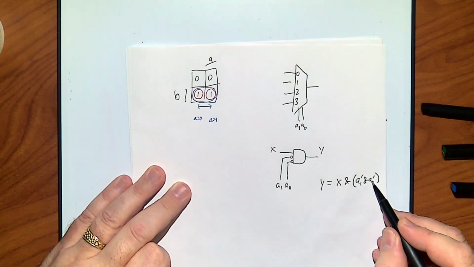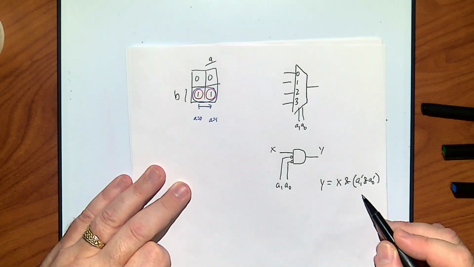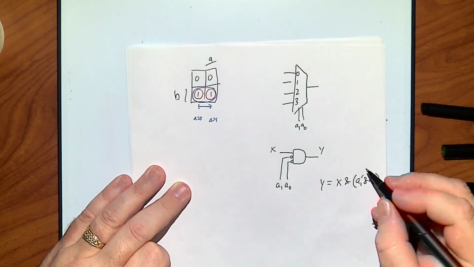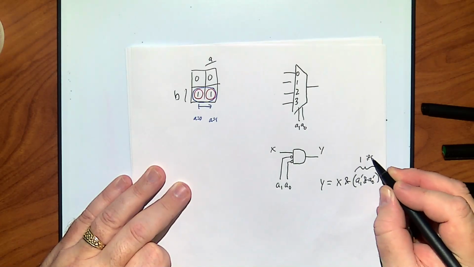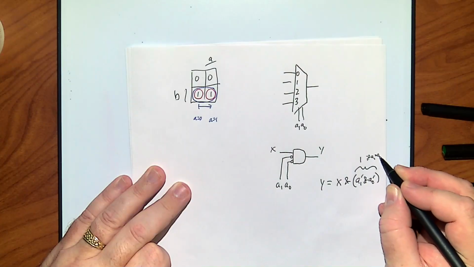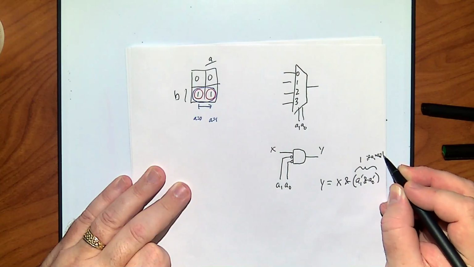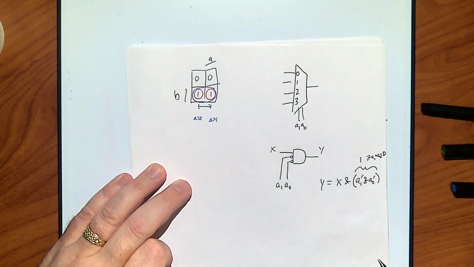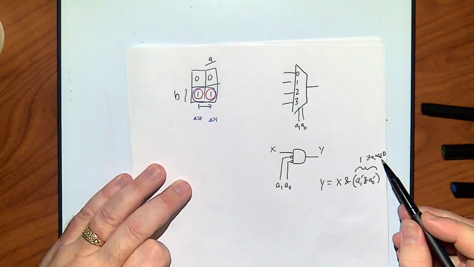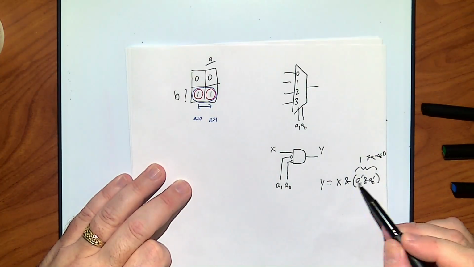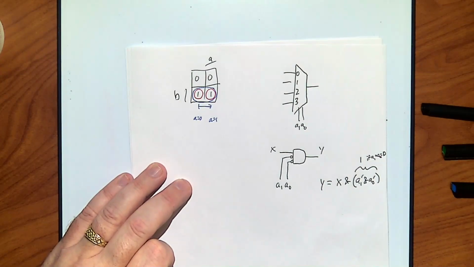So if both of these are zeros, when they're prime, they become 1. So this whole thing becomes a 1 if A1 equals A0 equals 0. So if I'm at position 0, both of those are 0, this becomes a 1. X AND 1 is X.